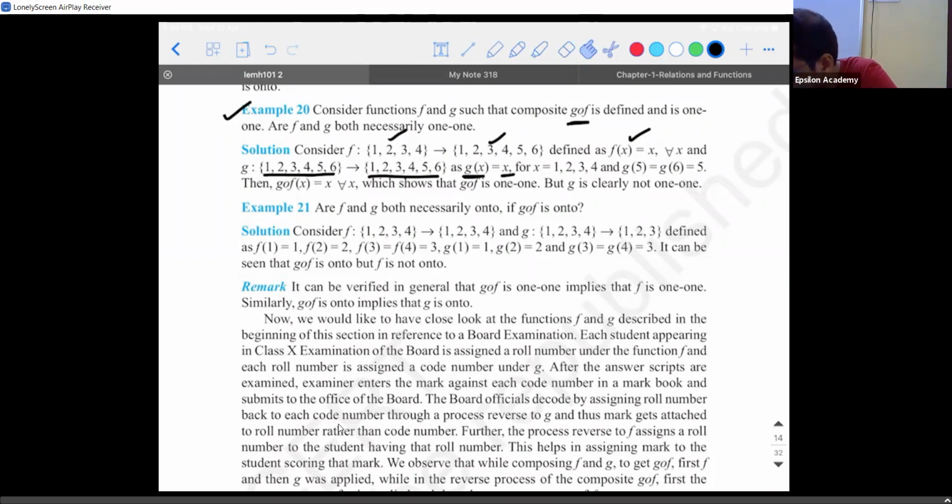That's what I'm thinking. So in the solution they considered, see, this is a trial and error method based problem, you know. They're saying G circle F is defined, but is it necessary that G should also be one to one? That is the question. Okay, so G of 5 is equal to G of 6 is equal to, they took it as 5.